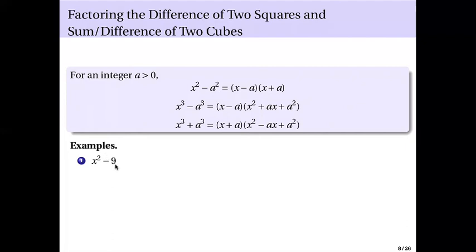You can rewrite x squared minus 9 as x squared minus 3 squared, since 9 equals 3 squared. And therefore you have the factors x minus 3 and x plus 3. So it's a straightforward application of these formulas.